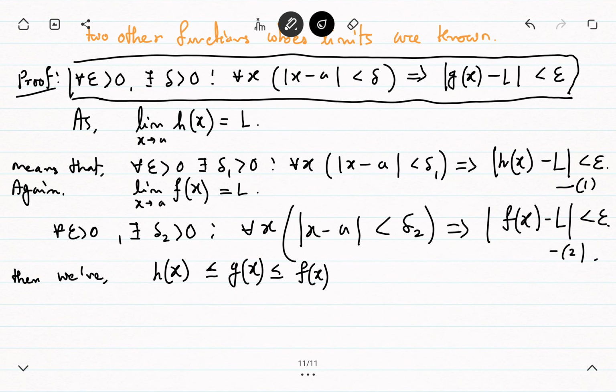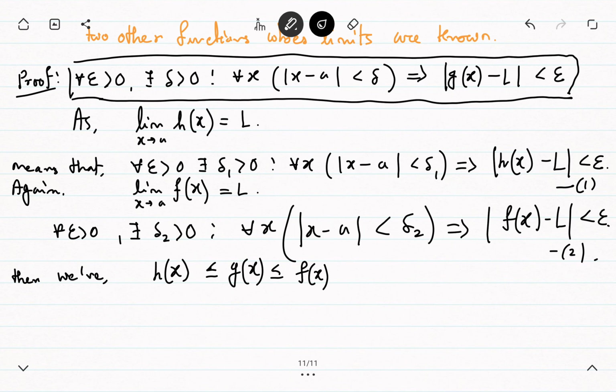First I am claiming that as the limit of h of x equals l, therefore I am taking a delta 1, so delta 1 is positive.